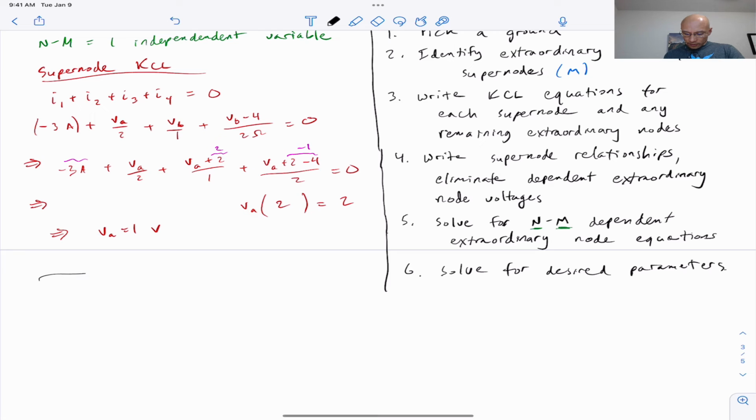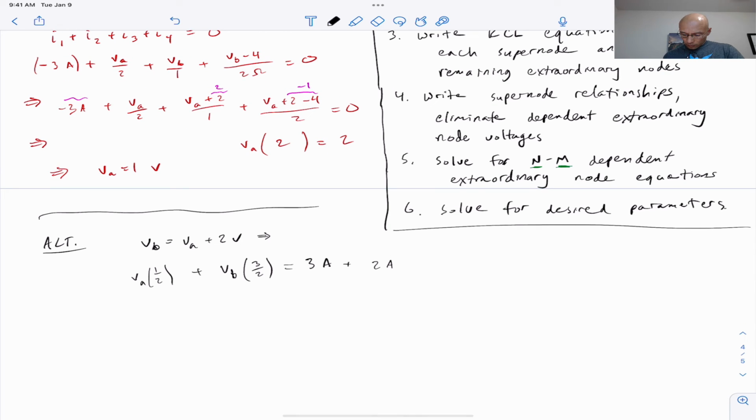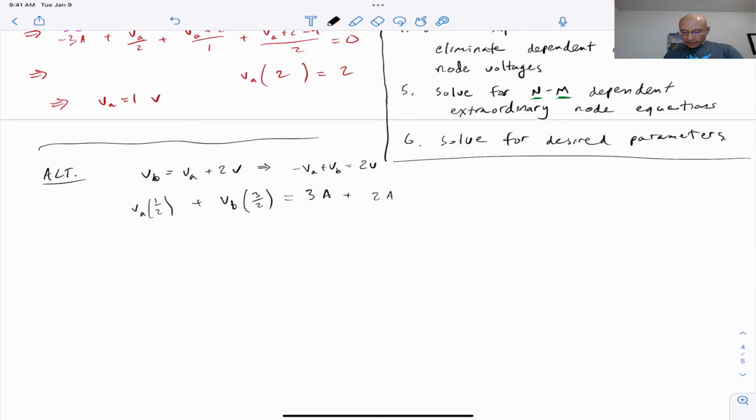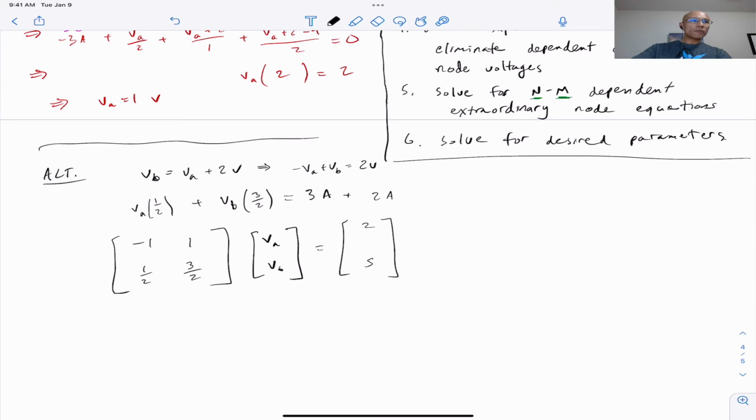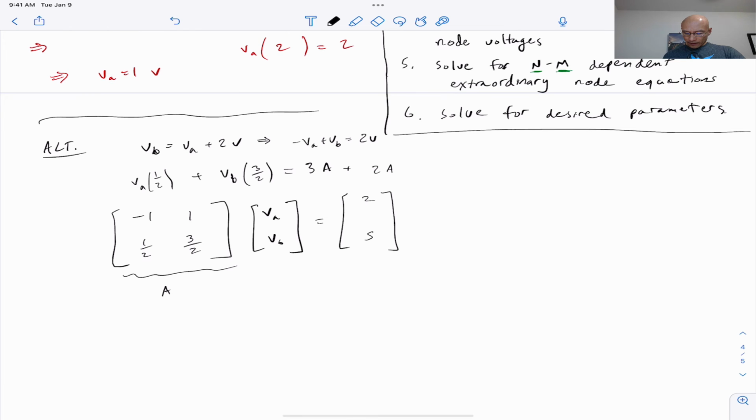There is an alternate solution. We could use our supernode equation and our KCL equation for the supernode. And I'll reorder this a little bit. Now we can write a system of equations. And I'm going to call this A, and I'm going to call this B, right?